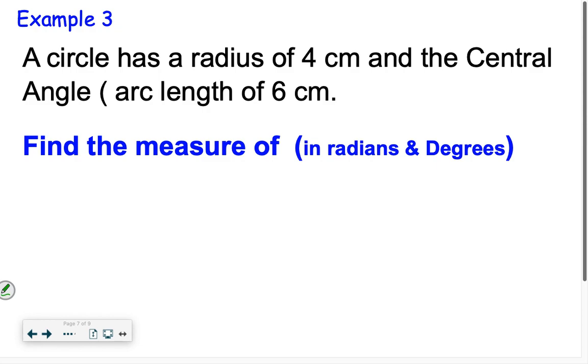So, a circle has a radius of 4 degrees, okay, easy enough, or 4 centimeters, sorry. And the central angle has an arc length of 6 centimeters, okay, so we have no idea what the angle is, but we know that the arc length is 6 centimeters.